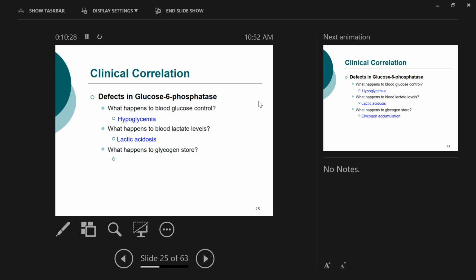And interestingly, what happens to the glycogen store in this patient? The patient is glucose 6-phosphatase deficient, and this is a key enzyme that catalyzes the last reaction, converting glucose 6-phosphate to glucose.